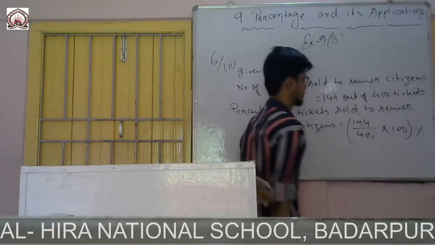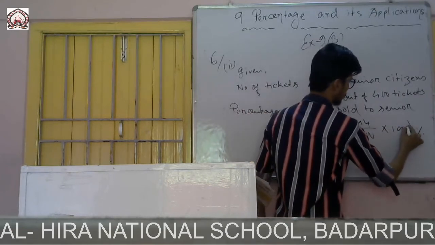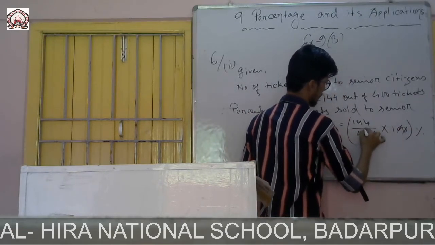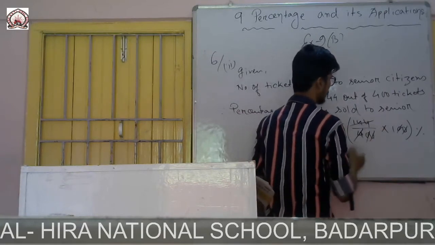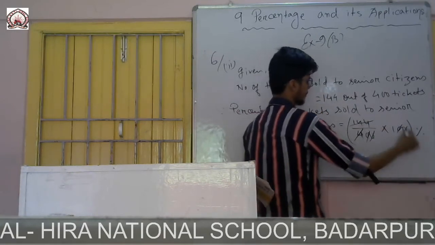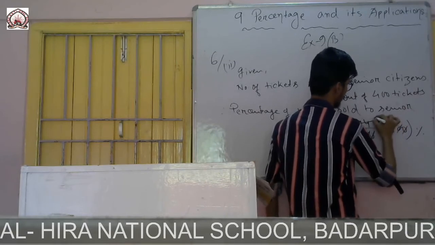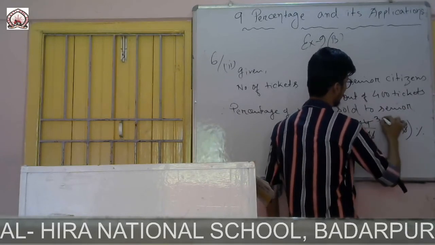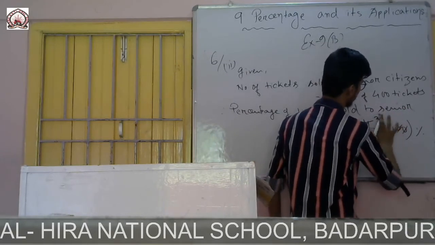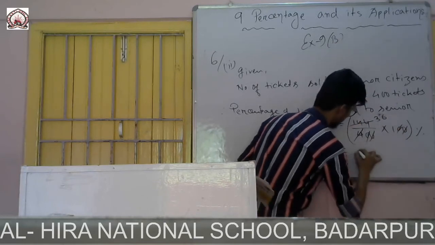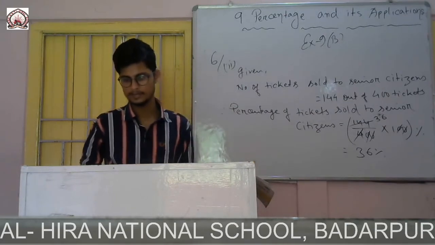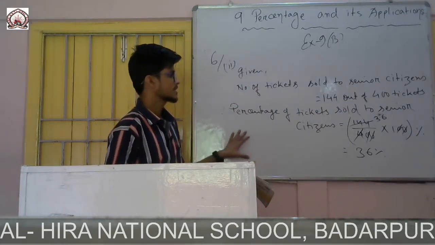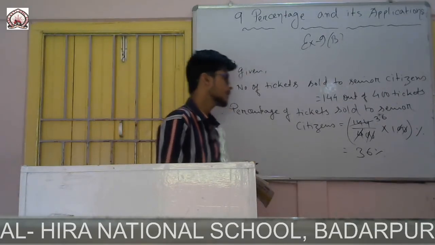So simple, 20 cancel, and with 4 I will cancel this one. 4 3s are 12, 2 left, 24, 4 6s are 24. So it is 36%. This is the percentage of tickets sold to senior citizens.